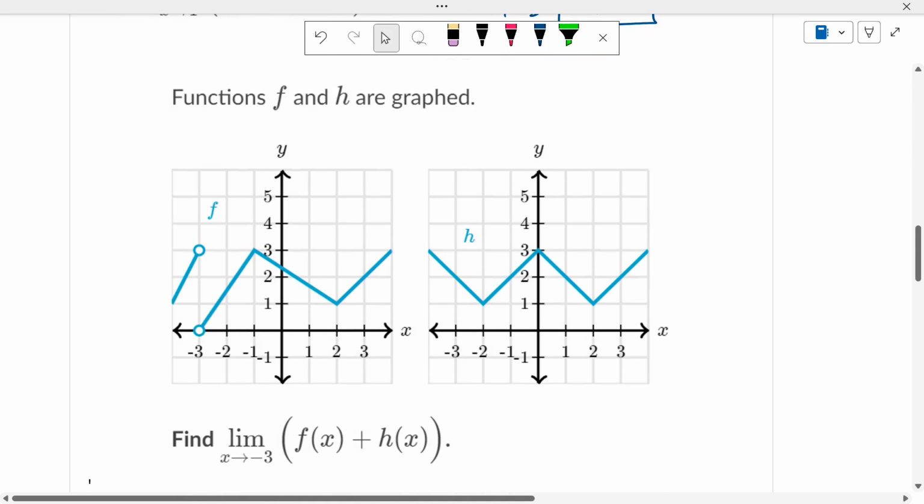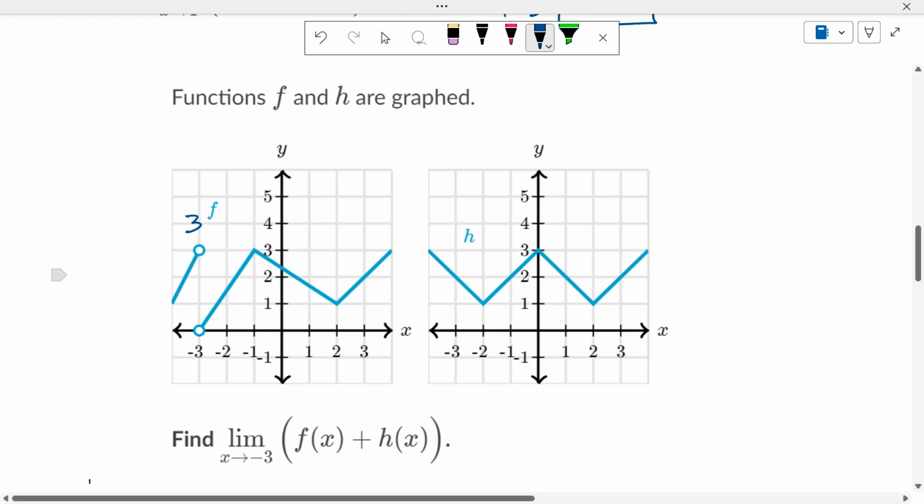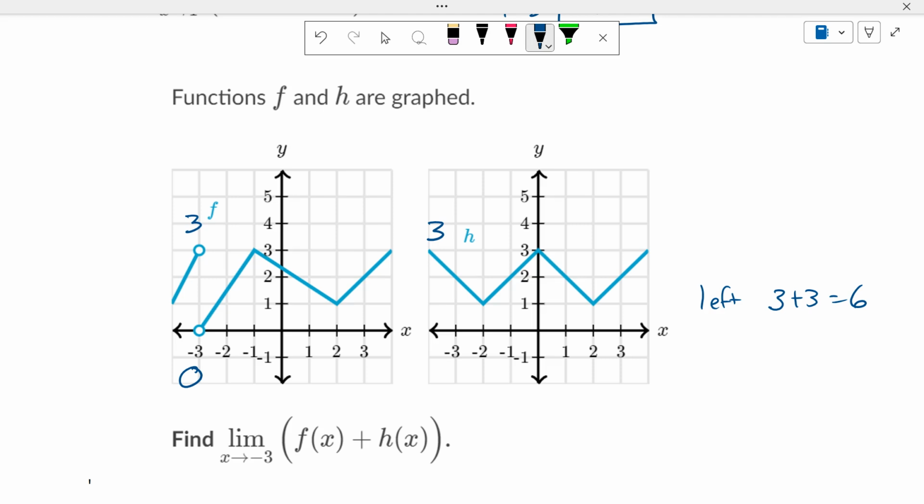What's f plus h? Well, f goes to 3 here at -3, and 0 here at -3, and it's 3 here. So then we take 3 plus 3, which is 6. So from the left, it's 3 plus 3, which is 6. Coming from the right, it's 0 plus 3. Oh, I guess this is 2.